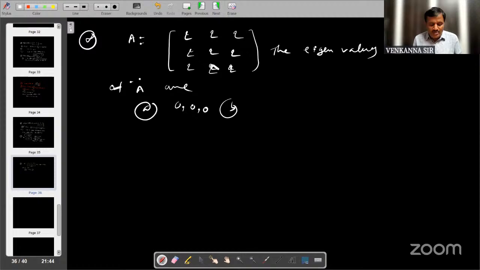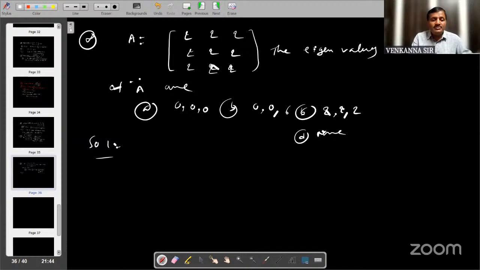Option B is 0, 0, 6. Option C is 2, 2, 2. Option D, none of these. Which option is correct here? Anybody, please confirm the correct answer.